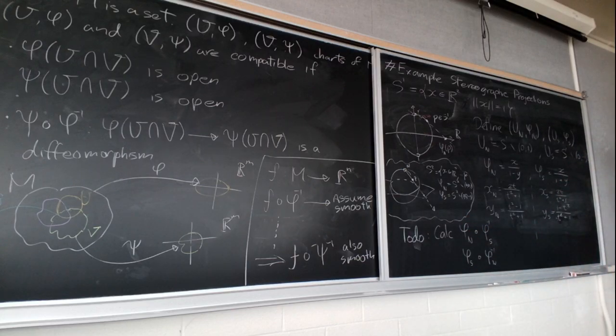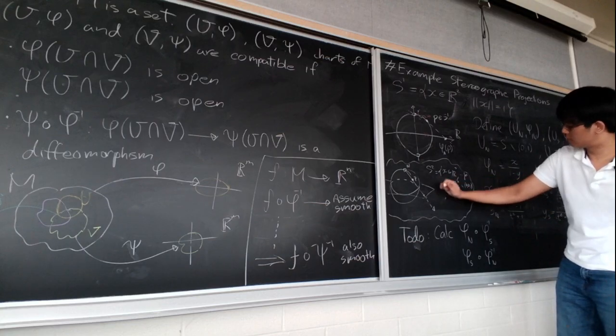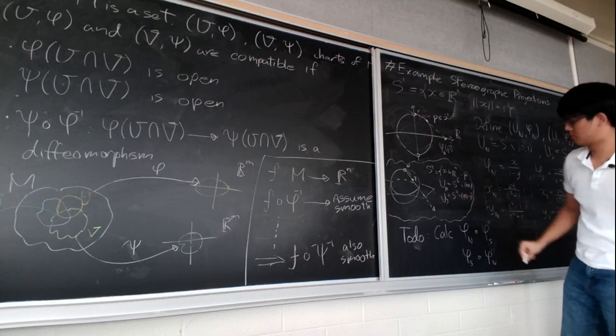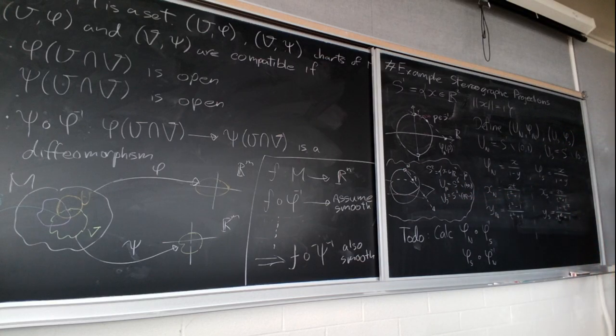So you should write this up as a suggested exercise. You should definitely do the circle, and do the sphere once, because it appears in complex analysis. It's a standard exercise.